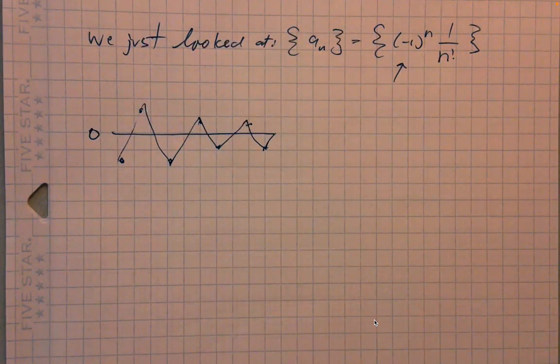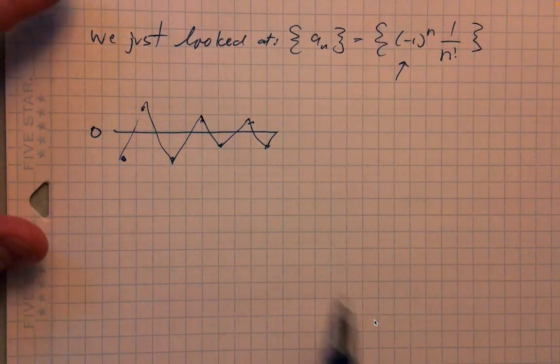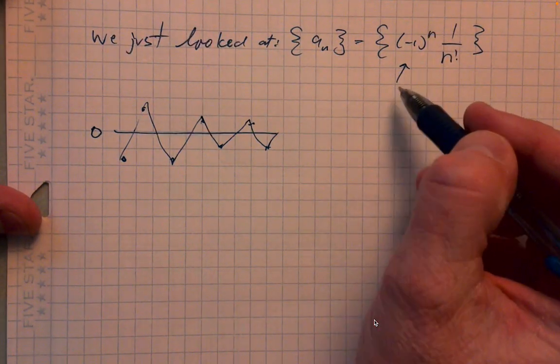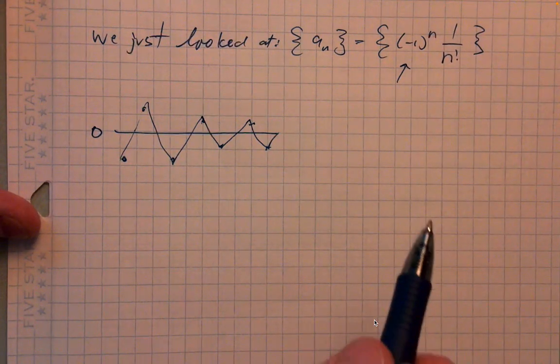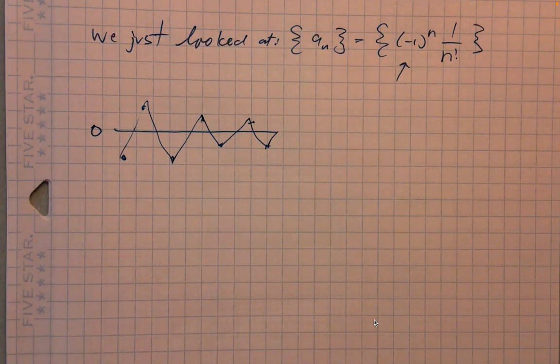Sometimes this oscillation can add some additional confusion, and so frequently what we'll like to do is consider just the absolute value of the terms. It's often useful to consider the absolute value of the sequence, especially when you're trying to determine convergence.